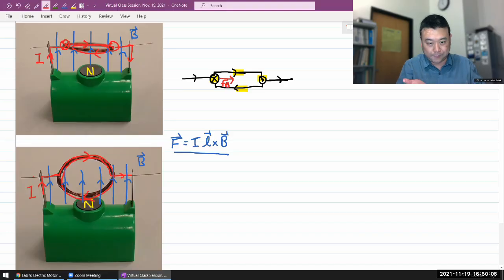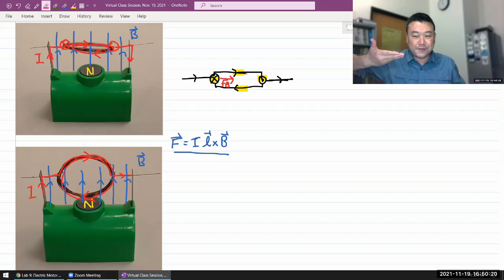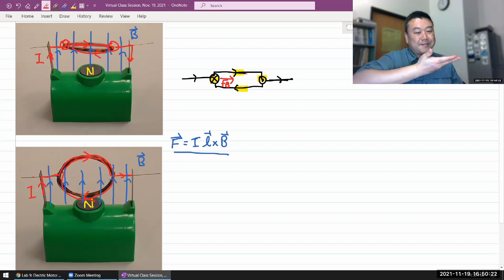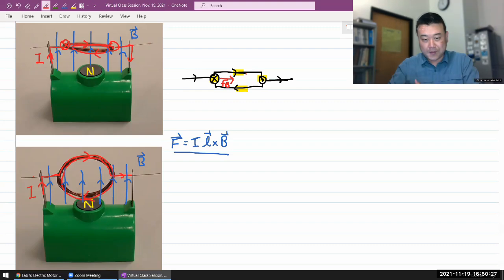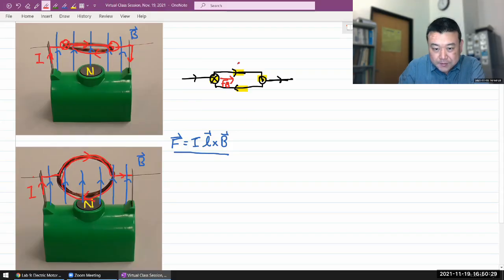Okay, let me just double check from my perspective. Okay, and the segment that's farther away from us with the current flowing from left to right: left to right, cross B. So there are magnetic forces coming out of the page. Let me just double check.